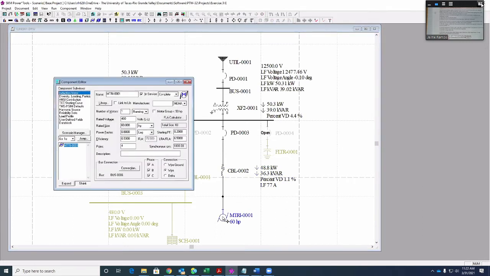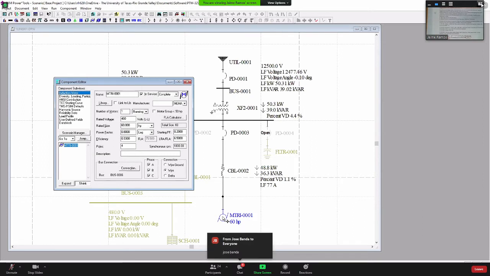So then the motor also has a component editor. So it's an induction motor rated 460 volts, 60 HP, 80% power factor lag.